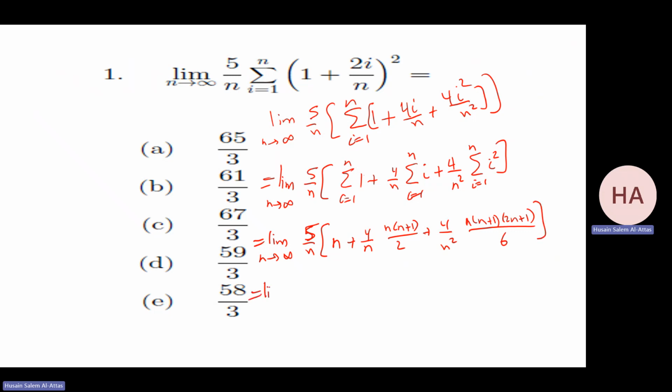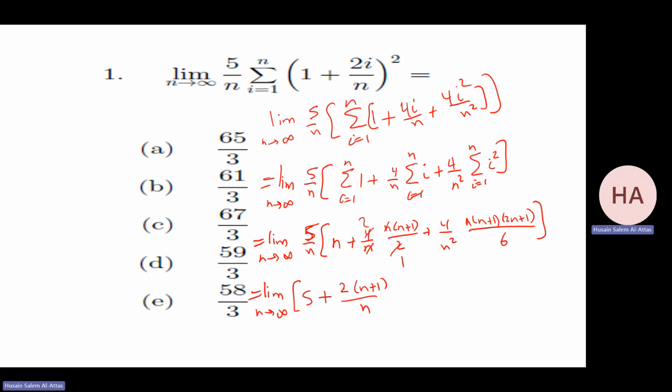So I want to find the limit as n goes to infinity of 5 plus 4 times n plus 1 over 2, n cancelled with n. Don't forget over n.